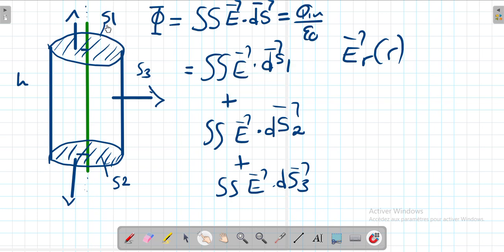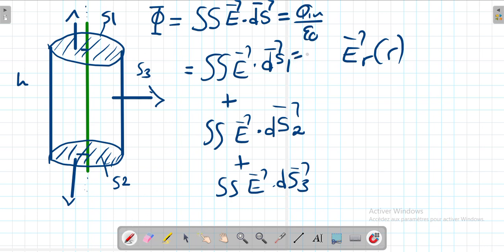Now, for the surface dS1 and E, S1 is in this direction, and E we've said is only dependent on the radius, so it's in this direction. So this integral will be 0. This is the beauty of doing this.